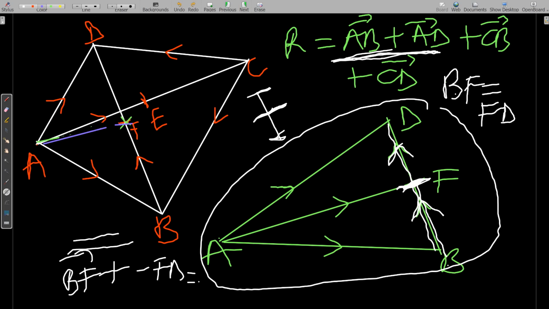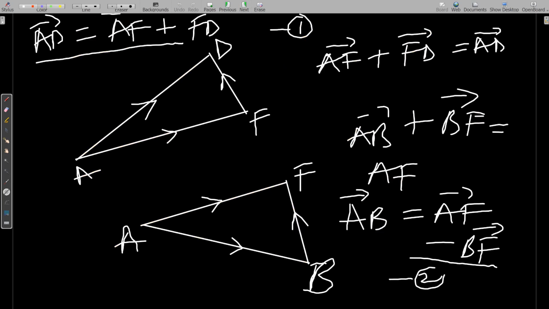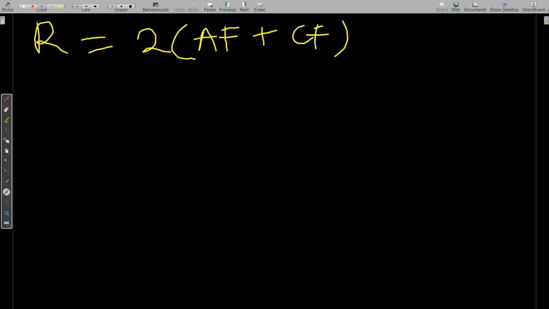The thing is not coming, so kindly bear with me. AF is here, and CF is also here. So that's a triangle from AC, then from C to F, then from F to A. This is the triangle I'm going to take out, and on that AC we have an E. Kindly bear in mind that this is what we are going to do.